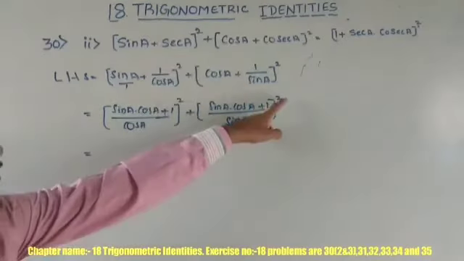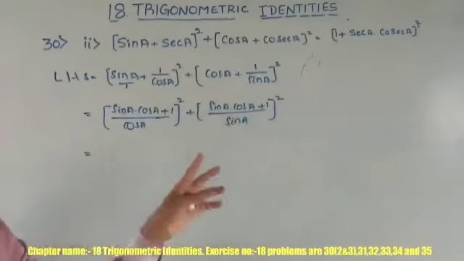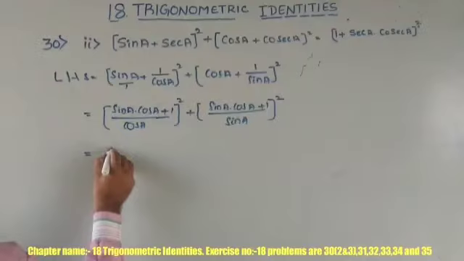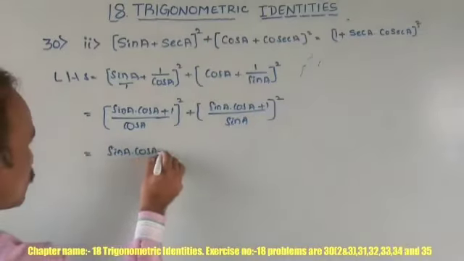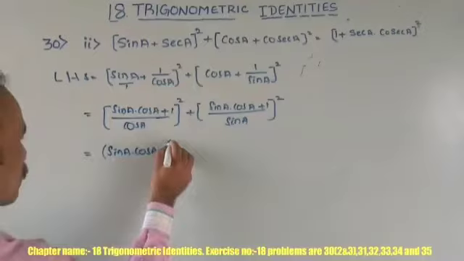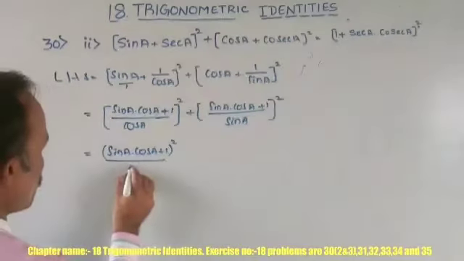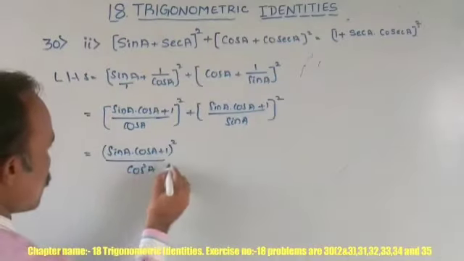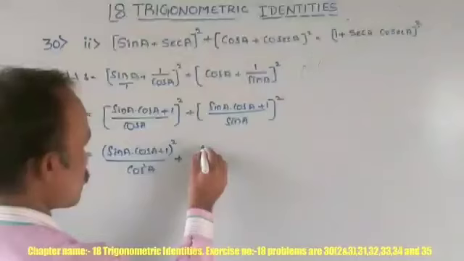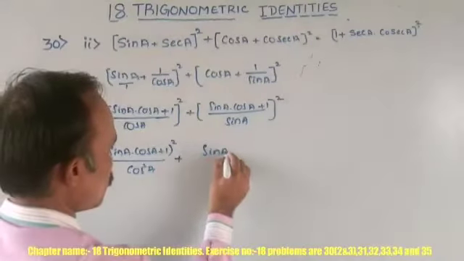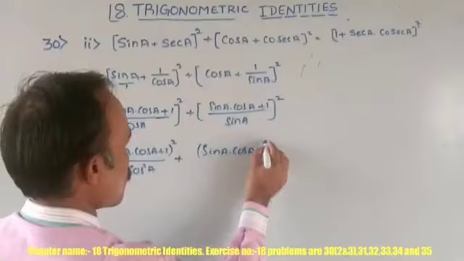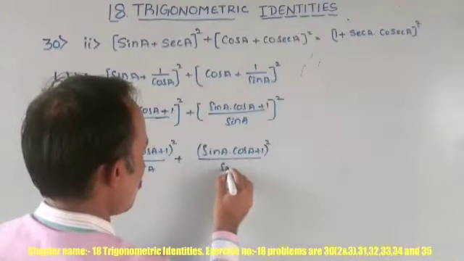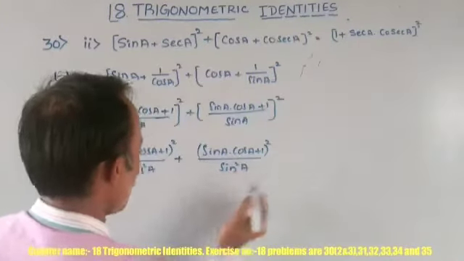Here also the square is related to both numerator and denominator. Now you make it separate squares. So (sin A into cos A plus 1) whole square divided by cos square A plus, here also (sin A into cos A plus 1) whole square divided by sin square A.